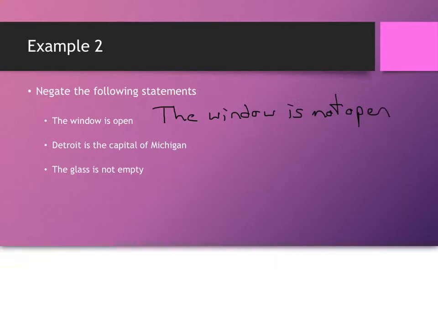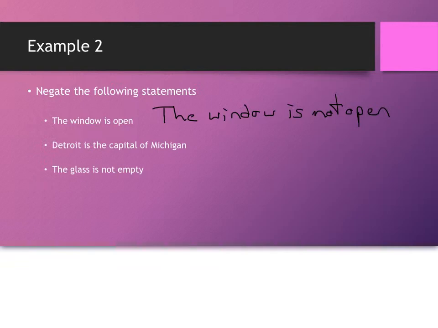Now notice something. If I were to say the door is open, that's not negating the window is open, right? The only negation of the window is open is saying the window is not open. To say Detroit is the capital of Michigan, well, the negation of that is that Detroit is not the capital of Michigan.